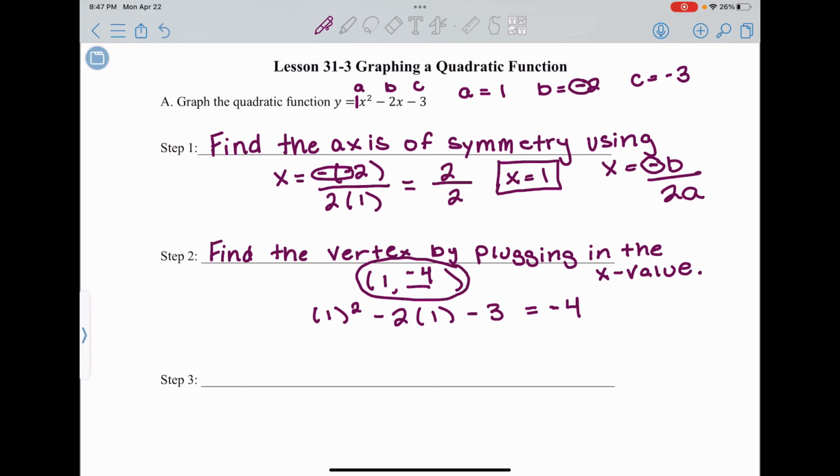The last thing I need to find in order to graph my quadratic function are the x-intercepts. And if you remember, we do this by factoring and setting our factors equal to 0.